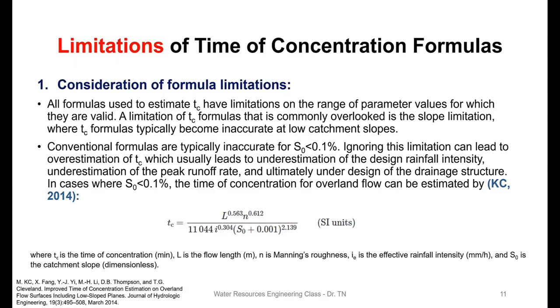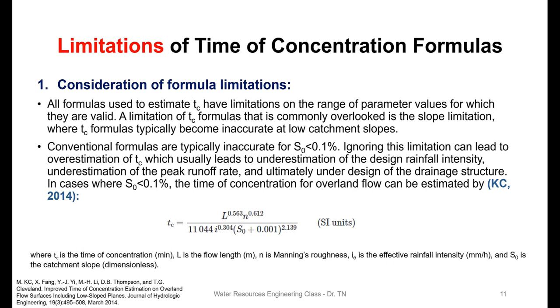I'm going to end this presentation by talking about limitations of time of concentration formulas and equations. It is important to know that every empirical equation has been developed for a range of input data. In our case, time of concentration. All these agencies and people who have developed different empirical equations for time of concentration have used a set of data to validate and calibrate their models.